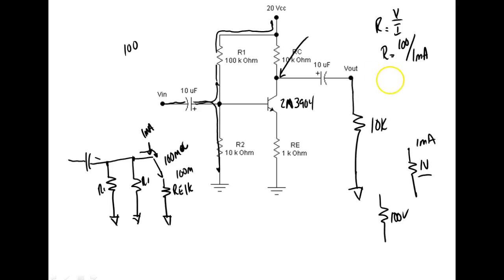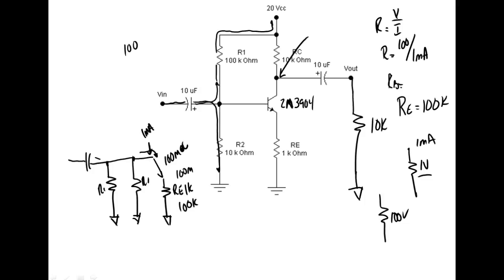So it thinks RE is equal to 100K. But it's not, it's equal to 1K. So your AC input sees RE times beta. It's going to see this as a 100K resistor. If it's a 1K, it's always going to be times beta. Do you understand why? Yes or no?